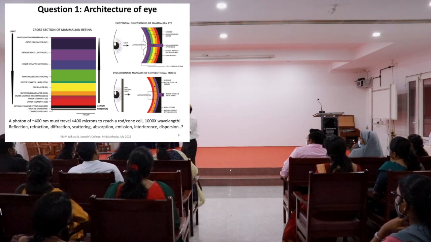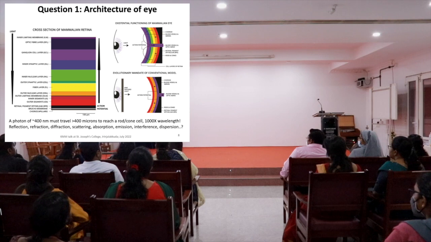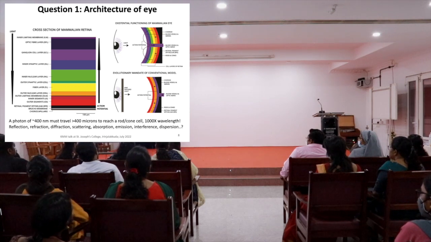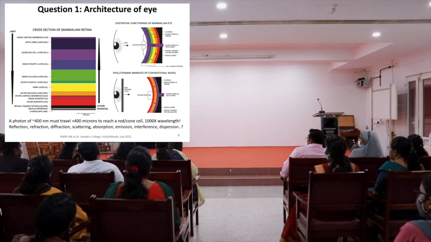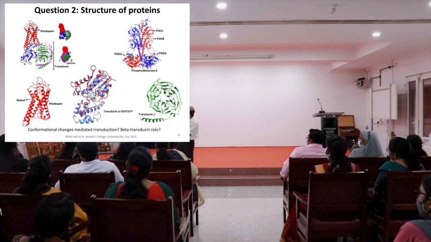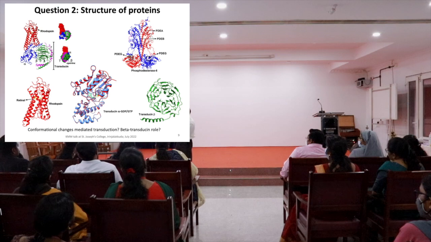All these cells are being used to tap the signals, and this enables us to explain the structure of the eye, because otherwise the light comes in here and the action potential has to go the other way around. It doesn't make sense. If this were true, you would have the structure like this.